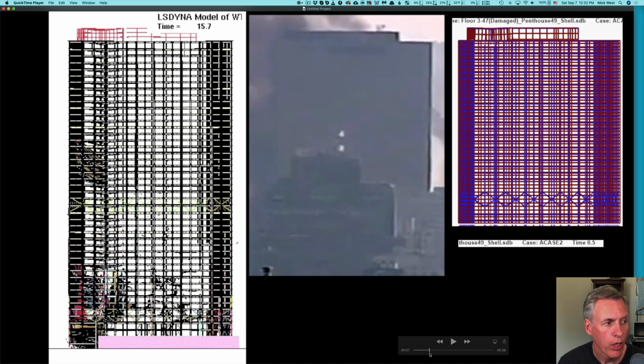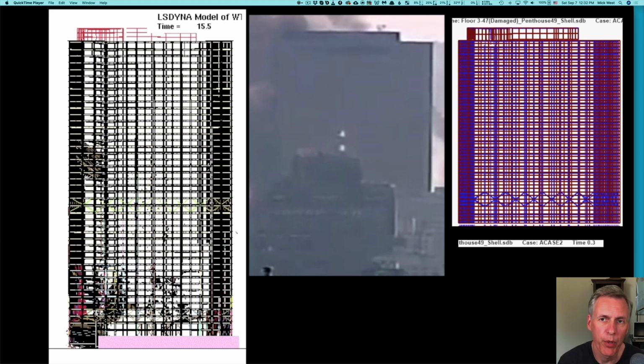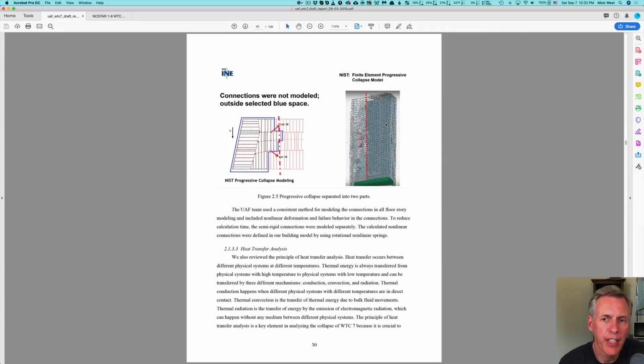Okay, so why does he confuse NIST's ANSYS model with the LS-DYNA model? He makes a big deal of this, and he talks about it in the presentation, Professor Hulsey. He says that he thinks that NIST had different stiffness on one side of the building or the other because of this here.